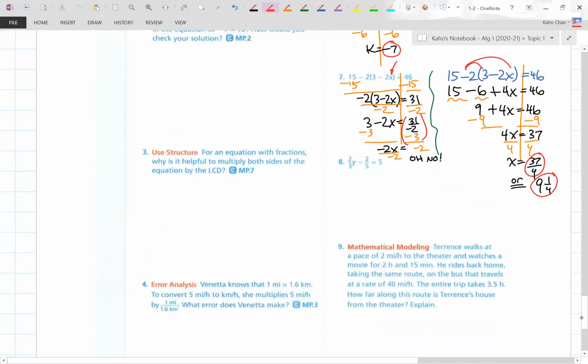Example 8. All right, here's the thing with this problem. We have fractions. There's a cool trick we can apply to fractions inside equations.